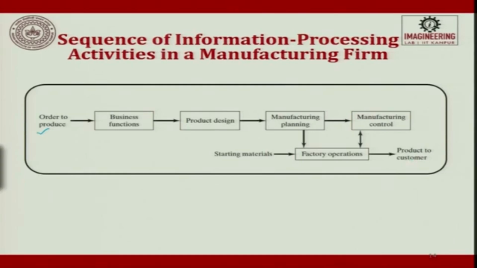If you look at it from here, it undergoes ordering, then business function, product design, manufacturing planning, manufacturing control. All these things flow in sequence, and the last two keep communicating with a factory. In a factory you will have a starting material and an ending or output material, which again is linked to the customer's order or a customer's requirement.